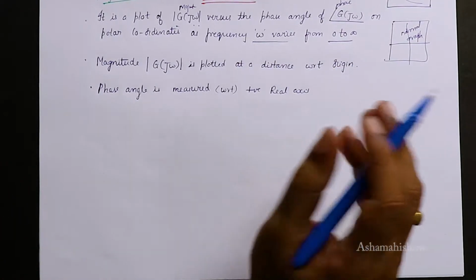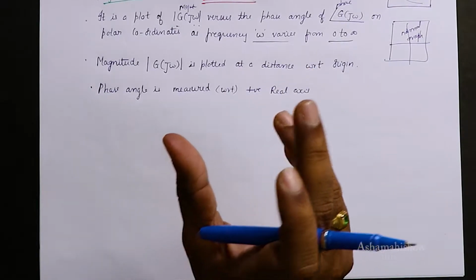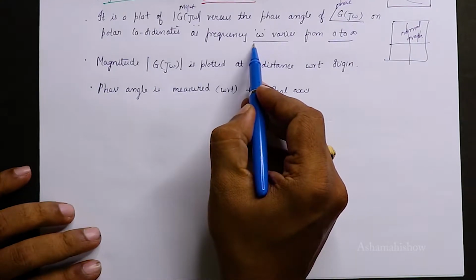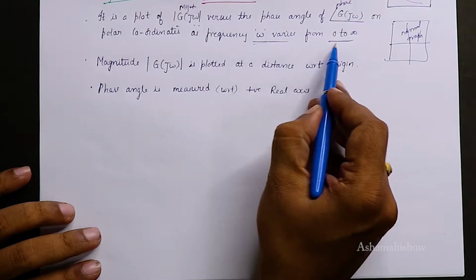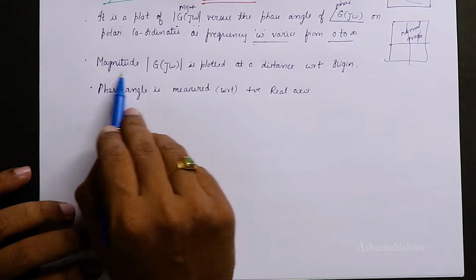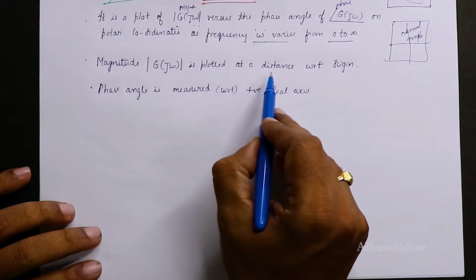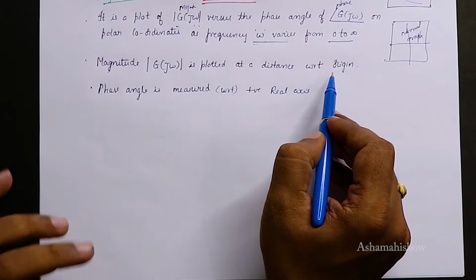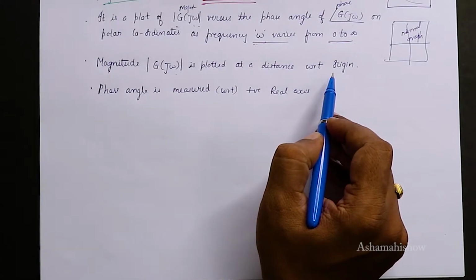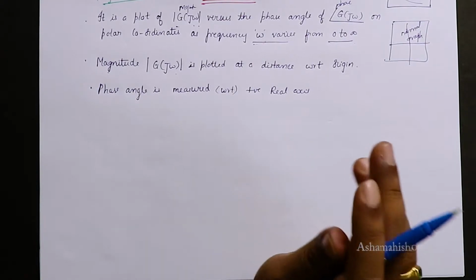So here we take a normal graph and divide the graph into 4 quadrants, and we will be varying omega, our angular frequency, from 0 to infinity. The magnitude, modulus of G(jω), is plotted as a distance with respect to the origin. So from the origin, that distance is taken as the magnitude, and your phase angle is measured from the positive real axis only.